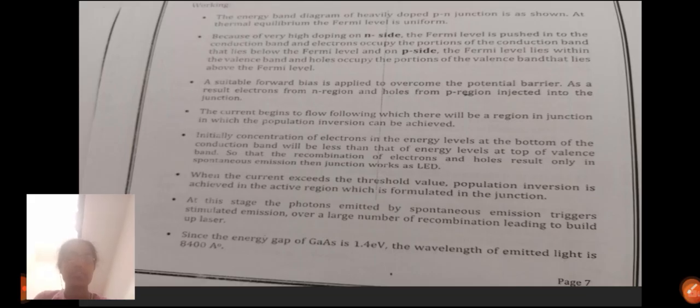When the current exceeds the threshold value, population inversion is achieved in the active region, which is formed in the junction. Since the energy gap of gallium arsenide is 1.4 electron volts, the wavelength of the emitted light is 8400 angstrom. This is all about the working of the semiconductor laser.